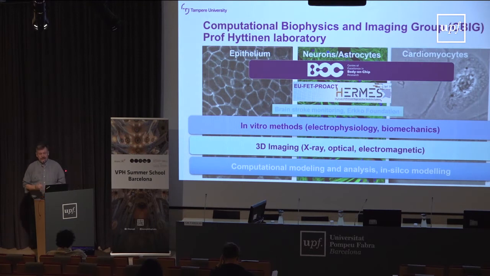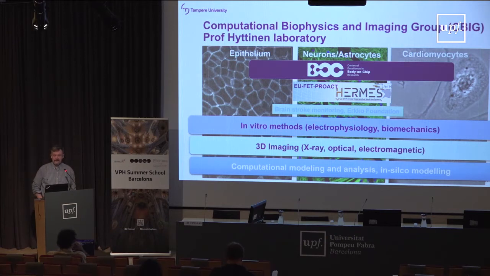Just a couple of words to give you the background of what my group is doing and where I belong. I have this group of computational biophysics and imaging. As the name says, we do quite a lot of computation: biophysical modeling of cells and also three-dimensional imaging, so quite a lot of all kinds of tomographies.